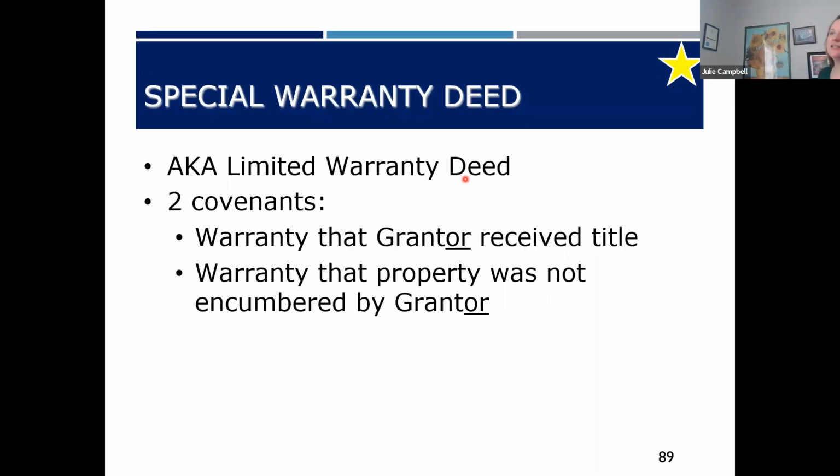The special warranty deed offers two covenants. The grantor is promising, hey, I received this title. It's mine. And the grantor is promising that during the time I own this property, nobody else has encumbered it. We're not going to go back to the previous owner and the owner before them. This is only a covenant during the time that I owned it.